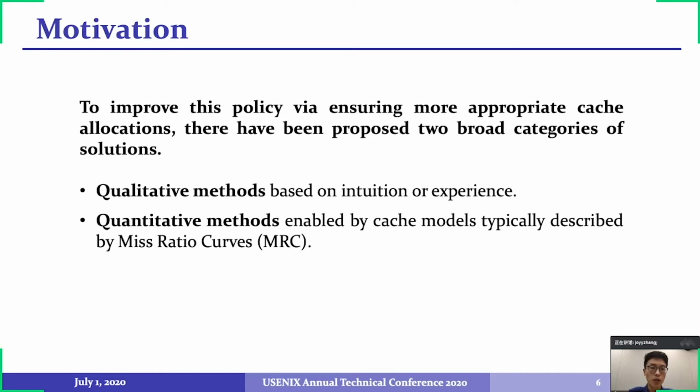Most cache models rely on offline analysis due to the enormous computation complexity and space overhead. So, a large number of research efforts have been made to cost-effectively construct miss ratio curves to enable online miss ratio curve profiling.